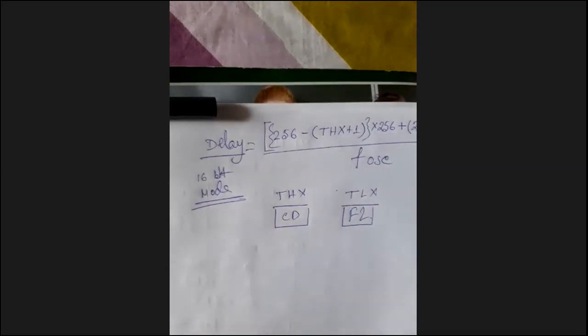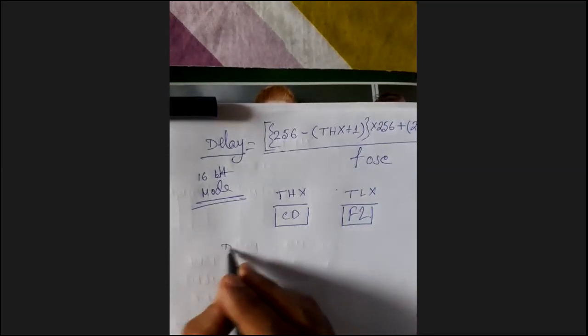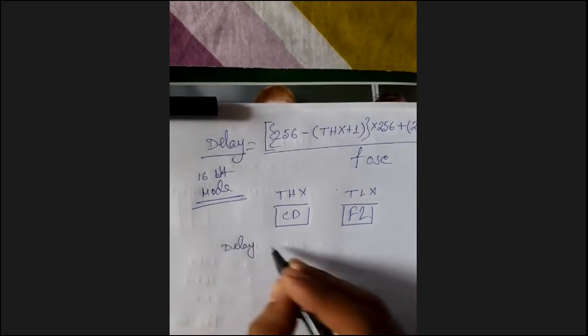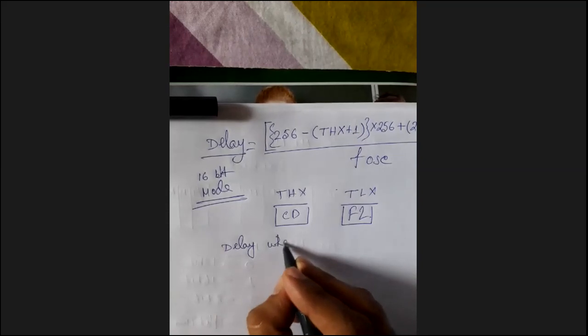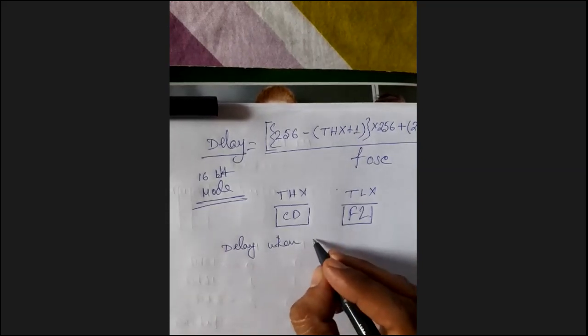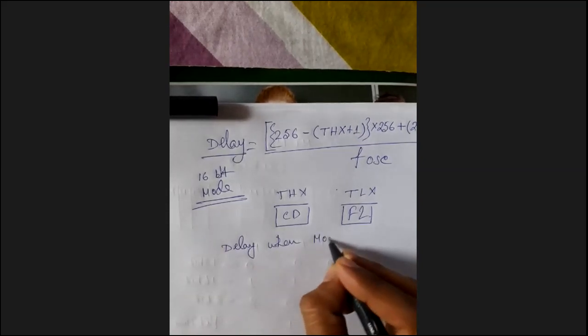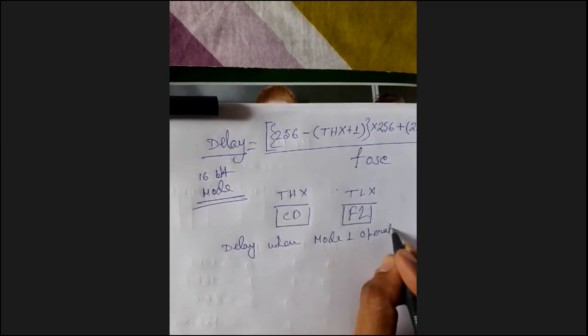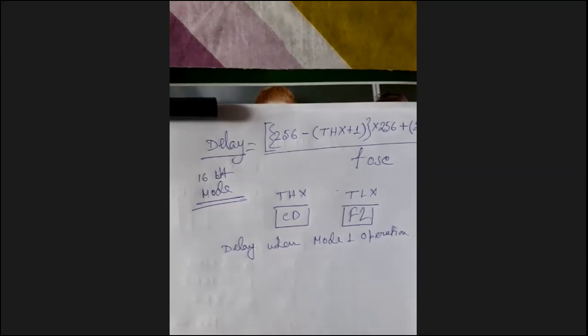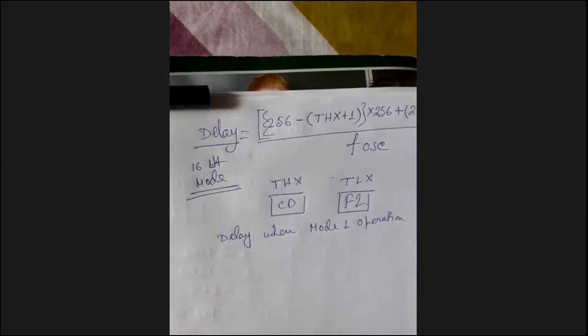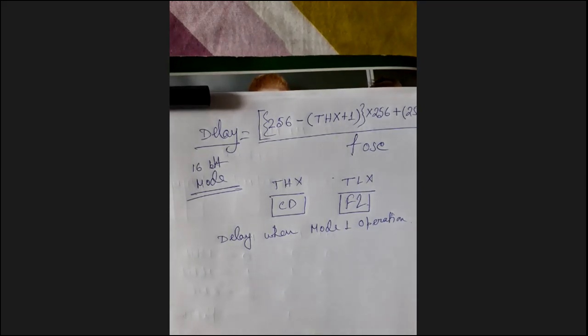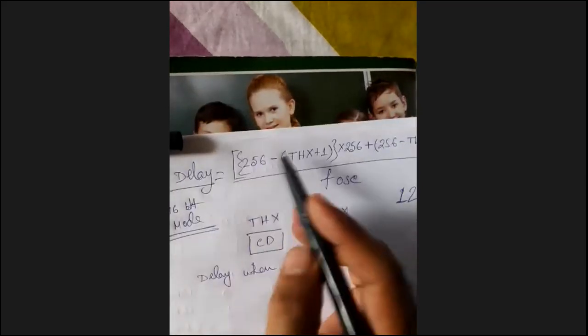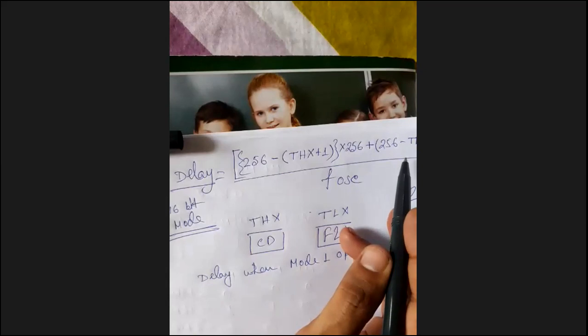Now the delay when mode 1 operation. So in mode 1 operation, that means 16-bit mode, you just need to remember this formula.